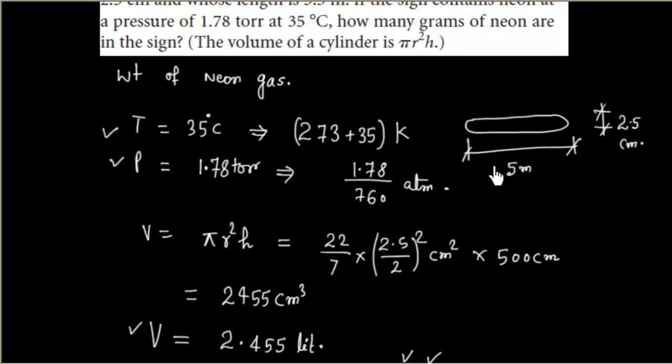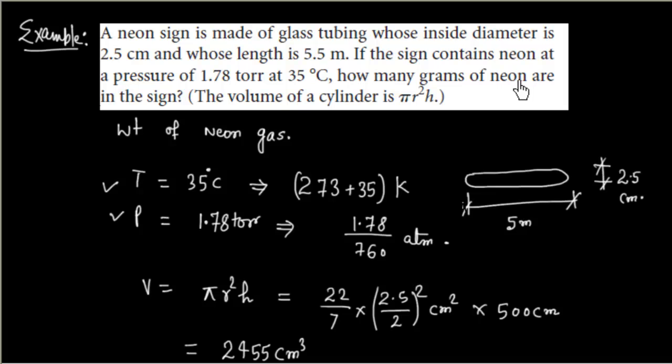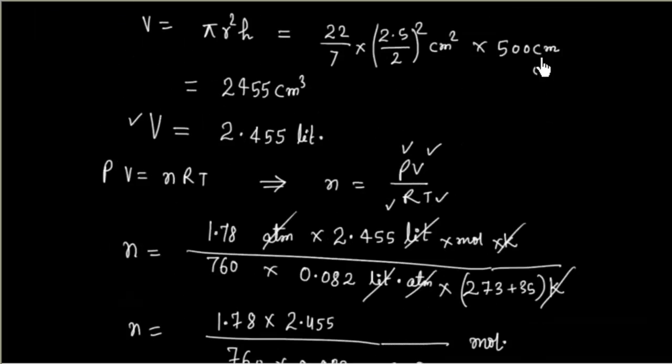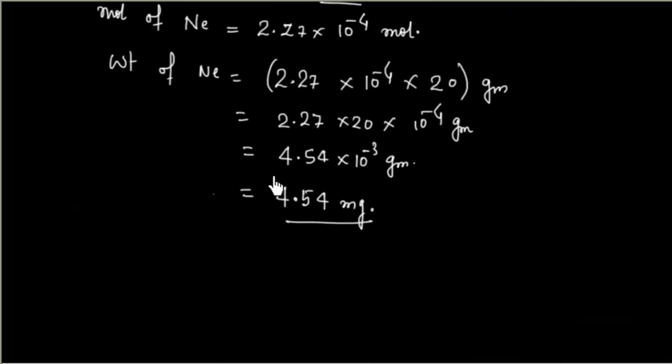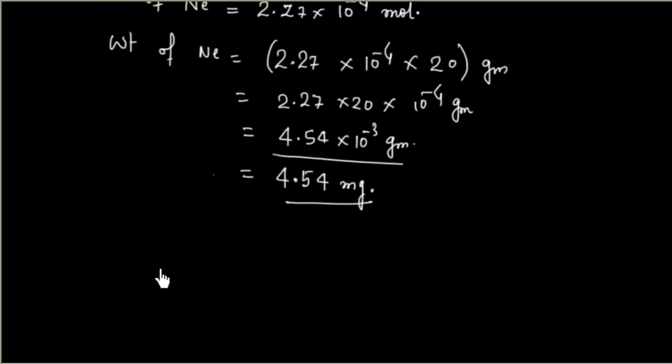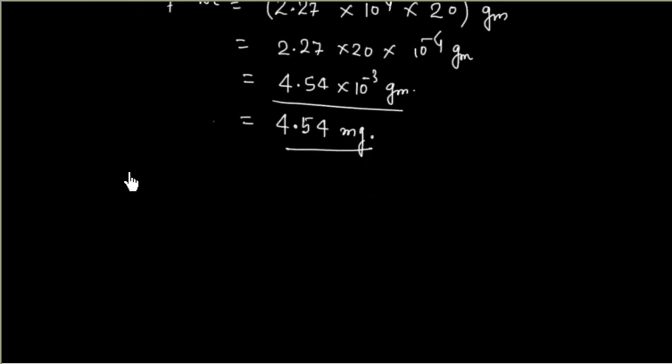So we have to find how many grams of neon are in the sign. So if I ask in gram, that is 4.54 into 10 to the power minus 3 grams. So neon in sign is 4.54 into 10 to the power minus 3 gram.